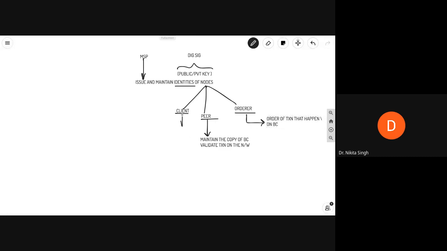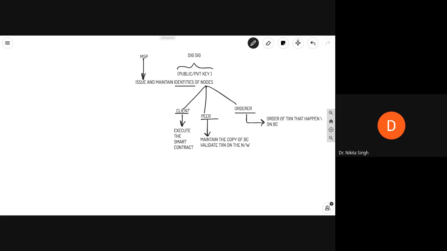And then we have a client. Client is the node that will execute the smart contracts.